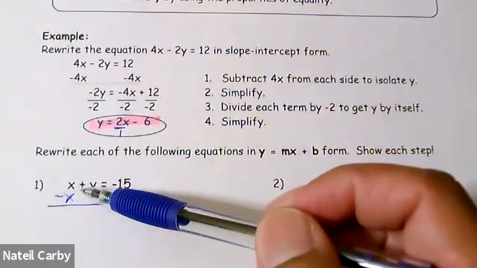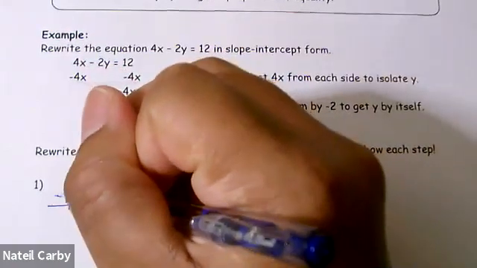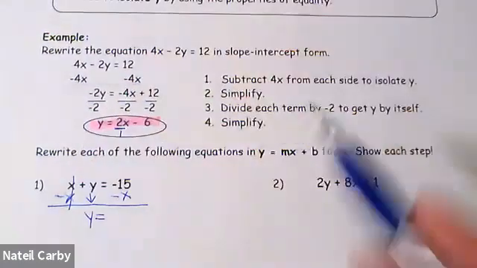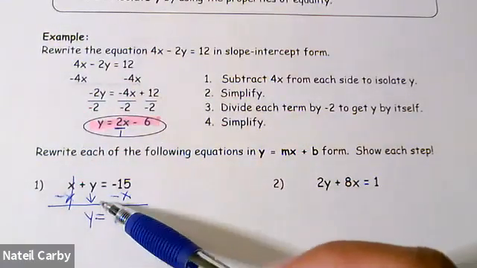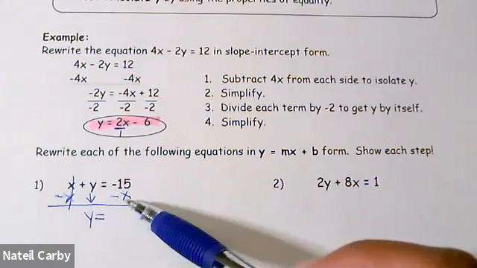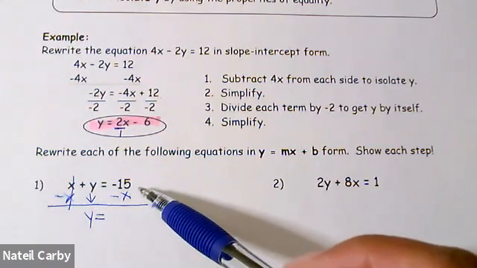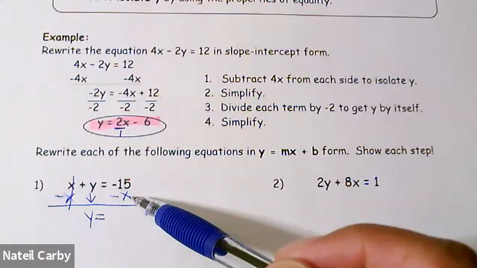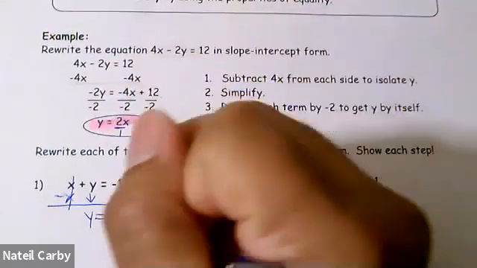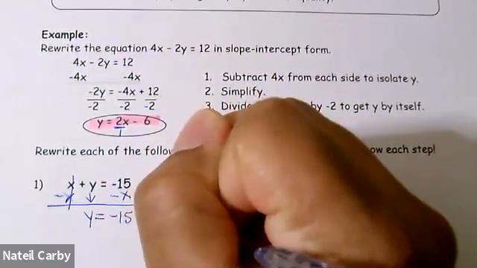Positive 1x minus 1x, they cancel. So I bring down Mr. 1y. All right, Mr. 1y, I'm good. Right, I got y isolated, I'm good on the left. Now I gotta structure things so I'm good on the right. Okay, you can't subtract 1x from 15, they're unlike terms, so you bring it all down. So you have negative 15 minus x.